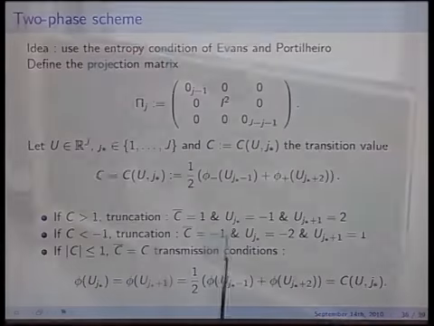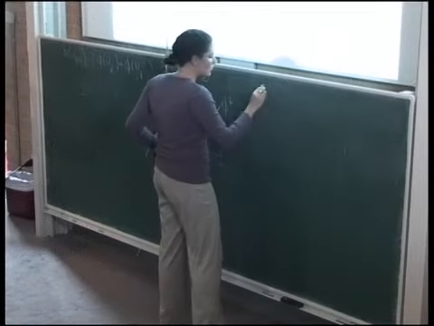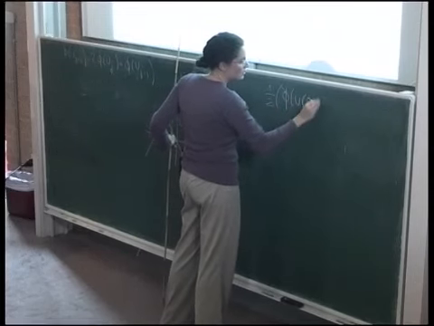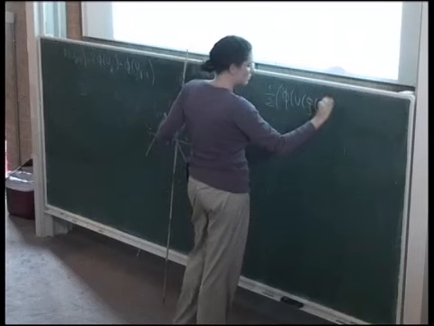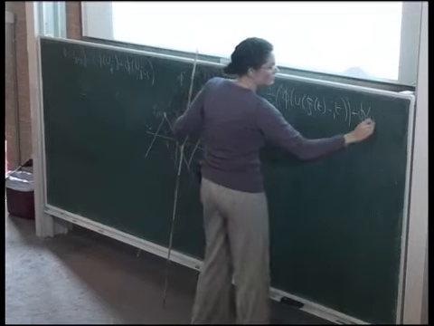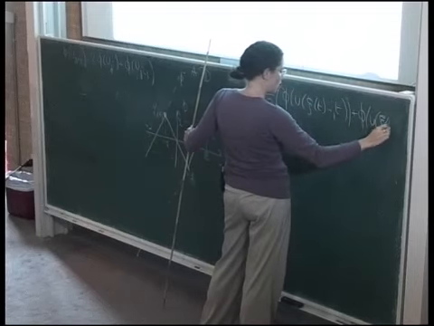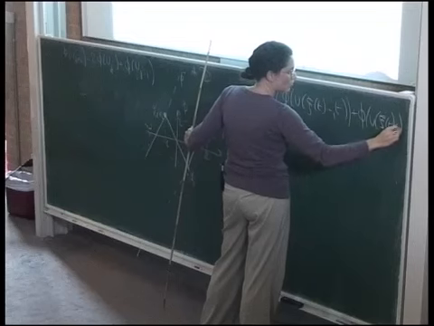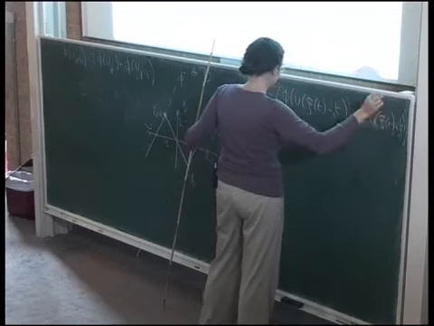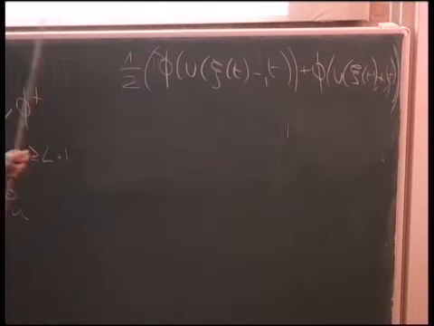The key thing is to use the value 1/2 of f of u of psi t minus plus phi of u of psi t plus. It is reproducing the Riemann problem at a very, very small scale.